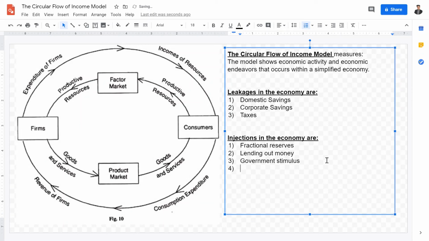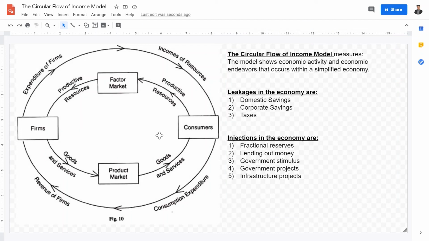We also have government projects, infrastructure projects. These are all injections into the economy, money injections from the capital sector as well as the government sector.